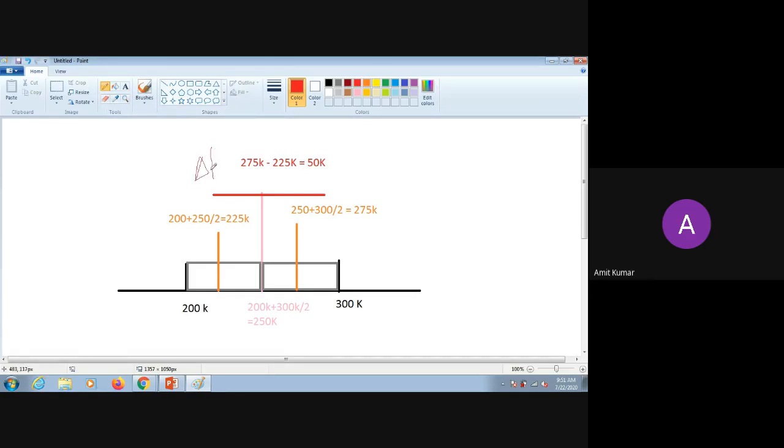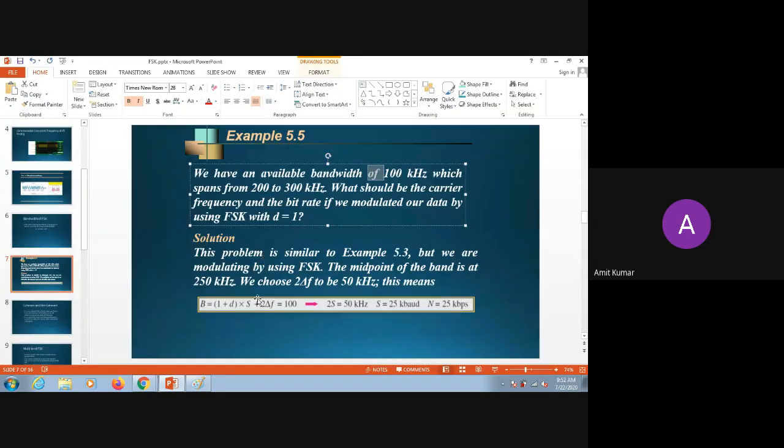So in this way you can calculate your delta F. This is the first task, to calculate the two delta F. Two delta F will be 50K.